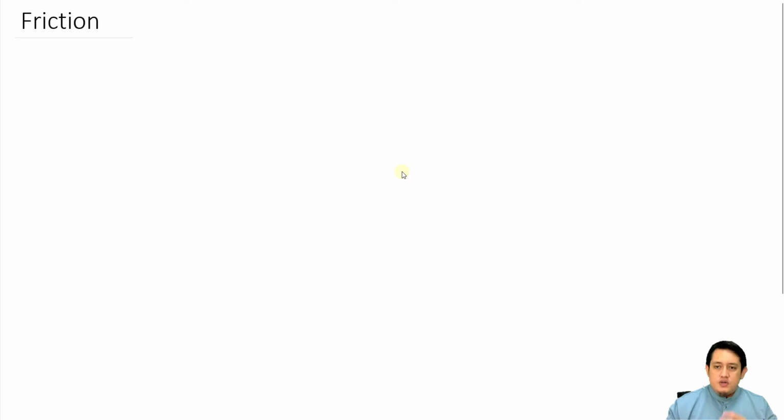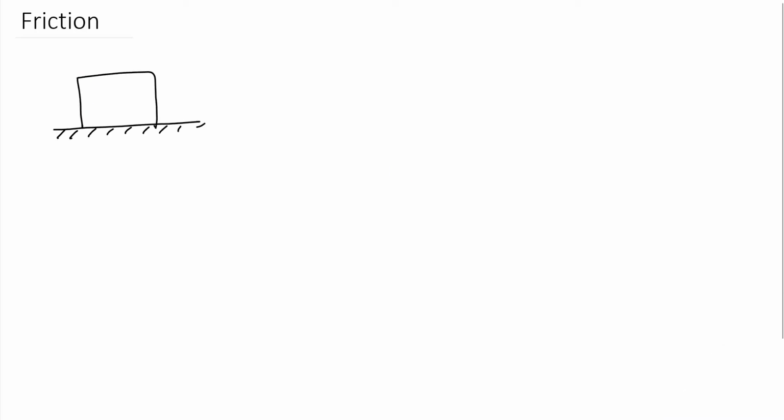Because I mentioned the box, let's look at a box on a floor. Okay, let's look at this box here. We want to move this box to the right side. So let's draw the free body diagram of this box.